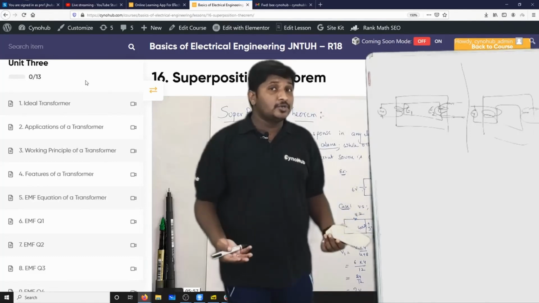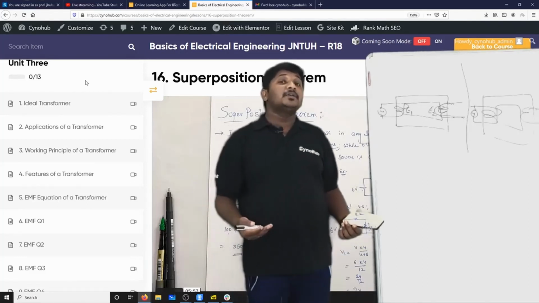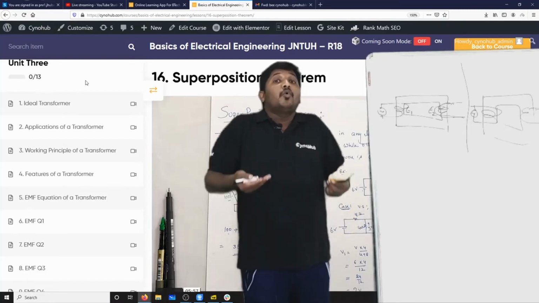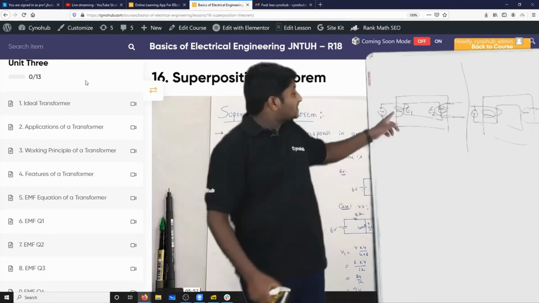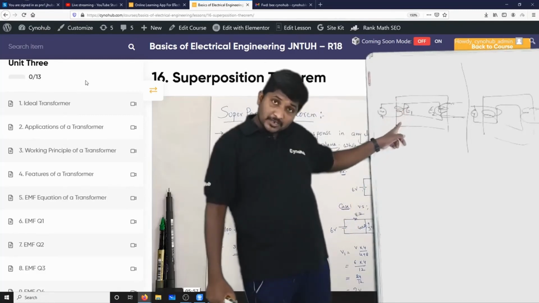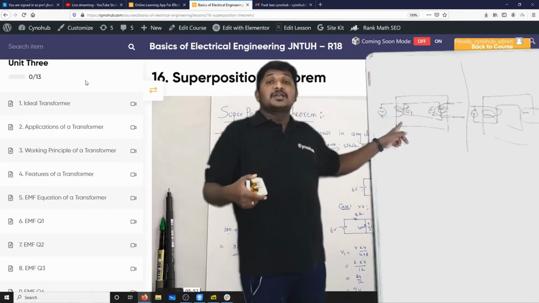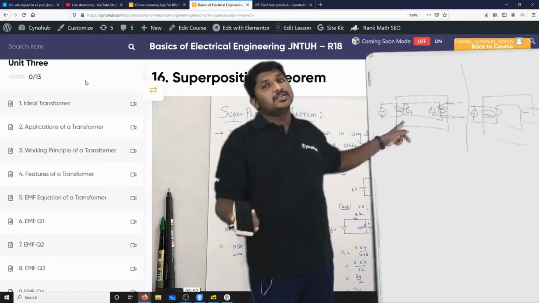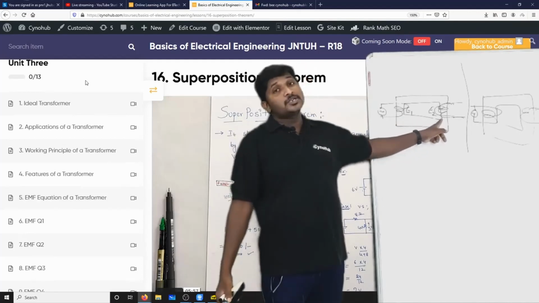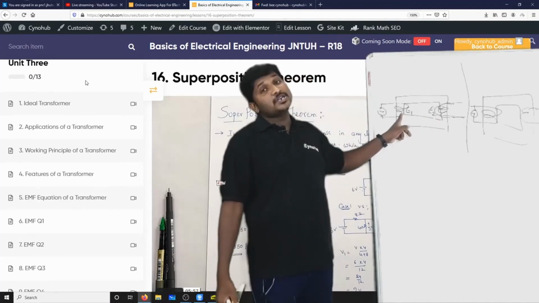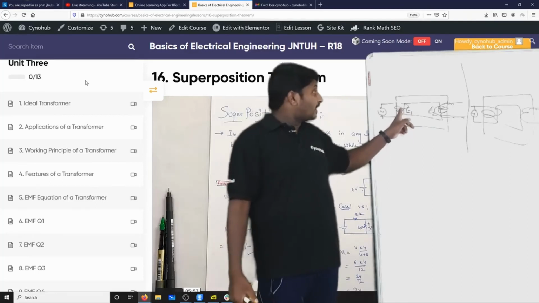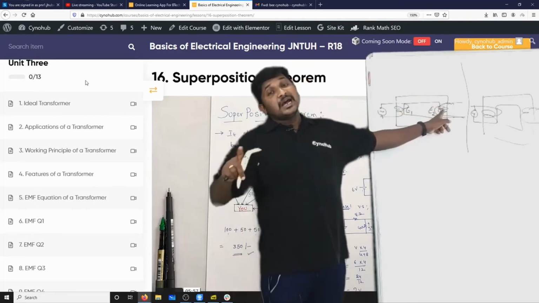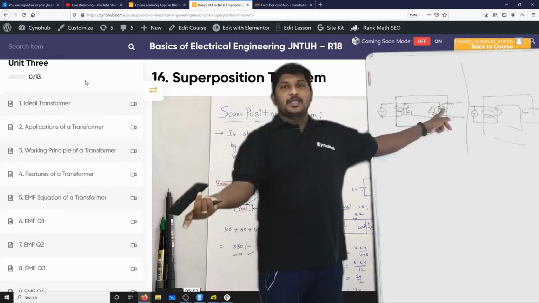Do you know what is self-induced EMF? The EMF is induced because of its own flux. Flux is produced at the primary winding, and that same flux cuts the primary winding. It is a self-induced EMF. What about mutual induced EMF? Flux is produced at the primary winding, but that flux is cut by another winding, the secondary winding.